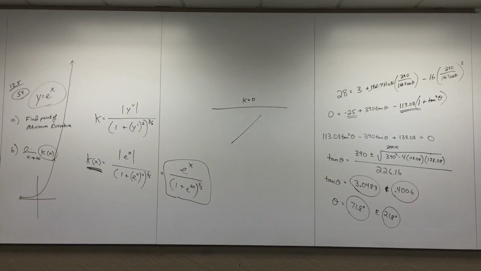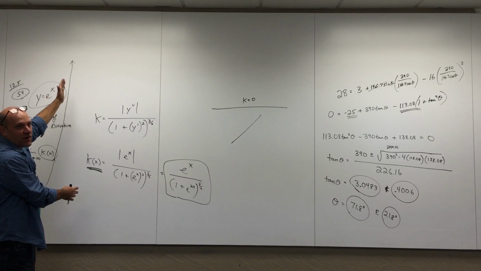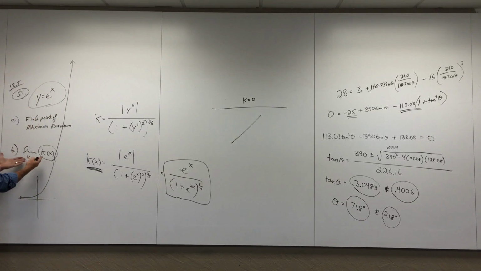That's not a straight line, but it sure looks like one. I mean, it's got a little curve to it because it's an e to the x curve, but it sure looks straight. So as x goes to infinity, this thing is getting very straight, and I would say that the curvature function goes to zero. And I did that just based on this picture.